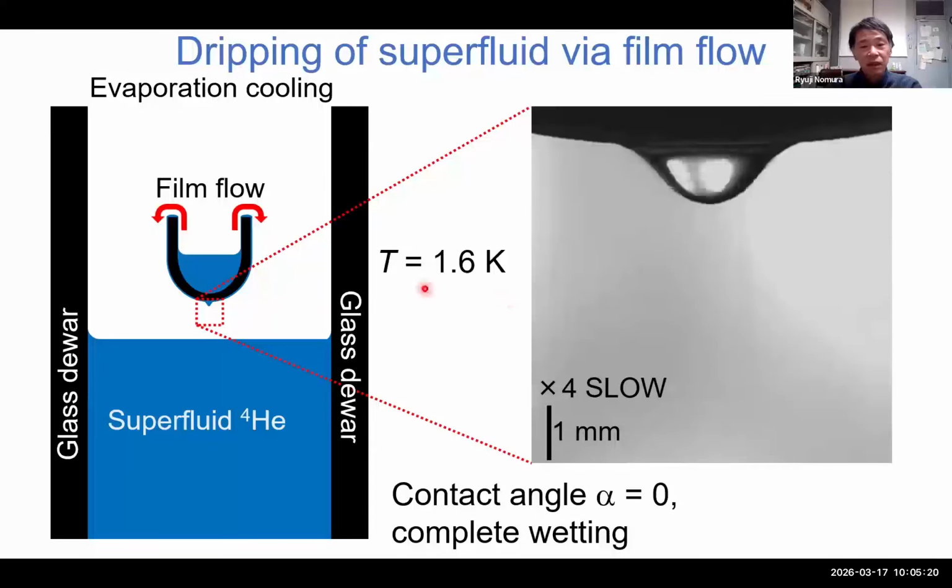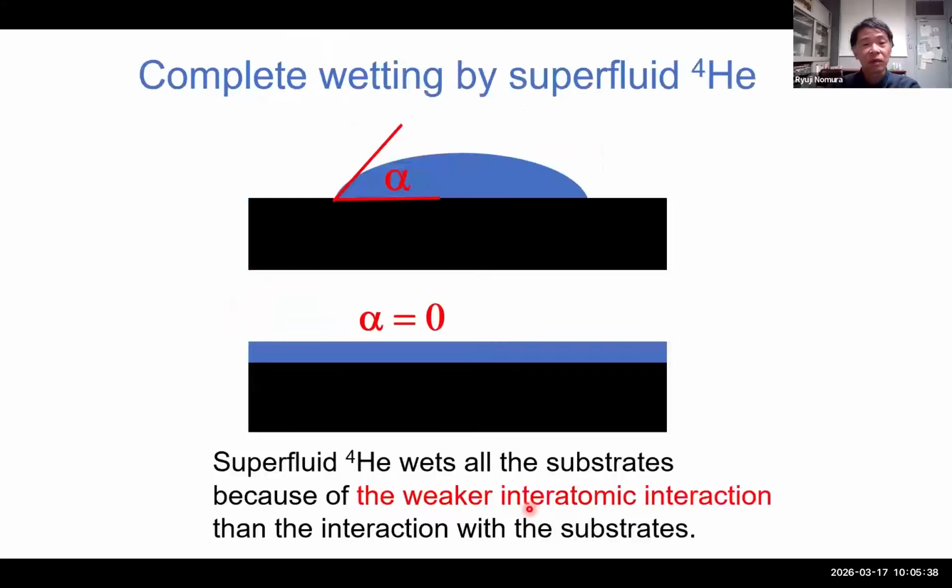The reason that we have such film flow is the complete wetting of a superfluid to any kind of solid surface. It means that the contact angle alpha is 0 for any kind of surface for the superfluid. Let me explain the complete wetting first. Here is a substrate, and this is a liquid droplet, and this alpha is a contact angle.